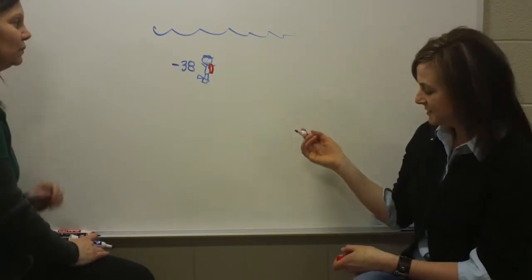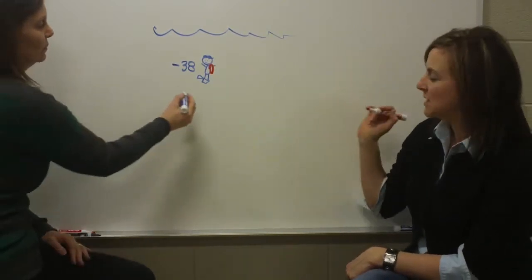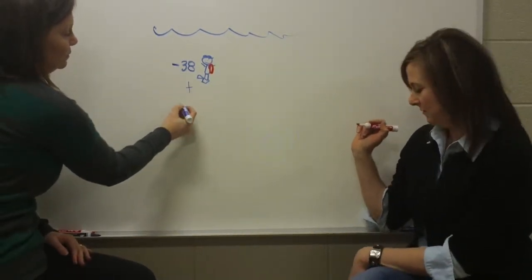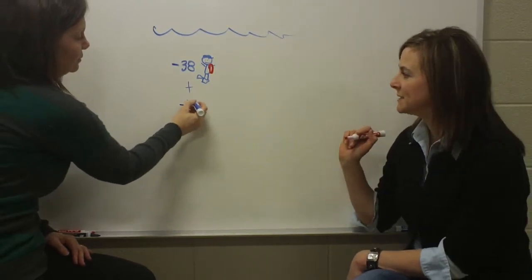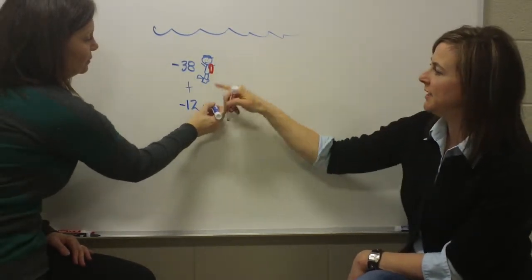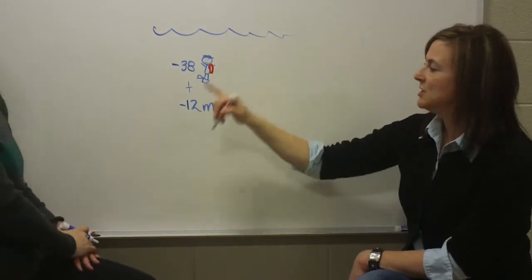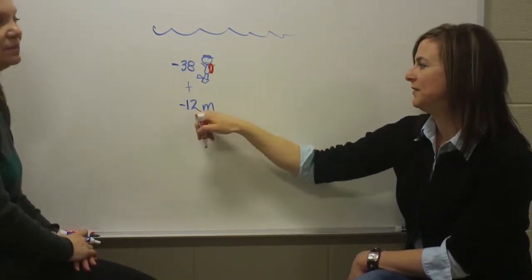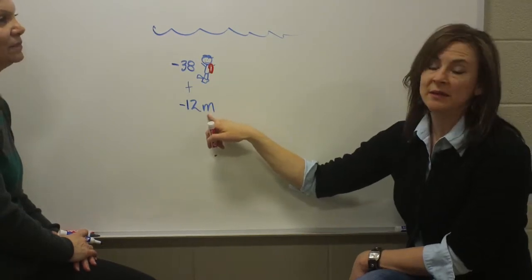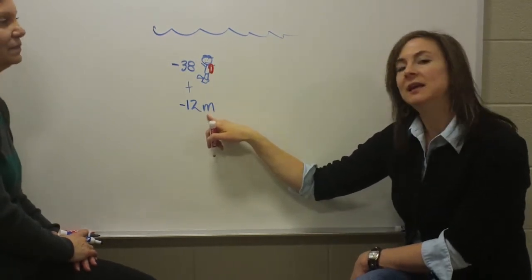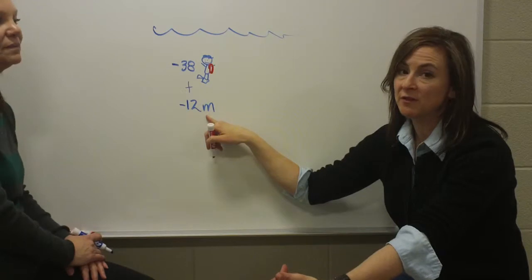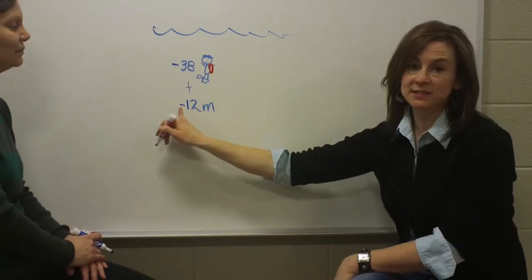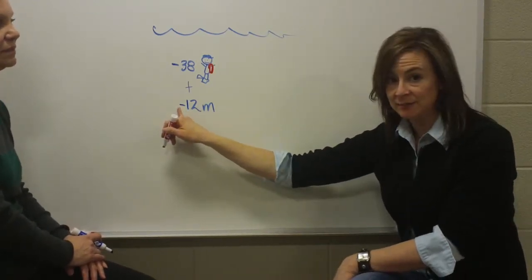So if he is diving at a rate of 12 feet per minute, that means he started here and then started to go down below the sea at 12 feet per minute. That means every minute he is down another 12 feet. The down is represented with the negative.